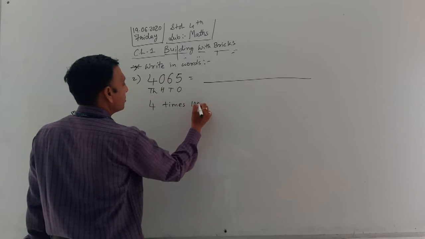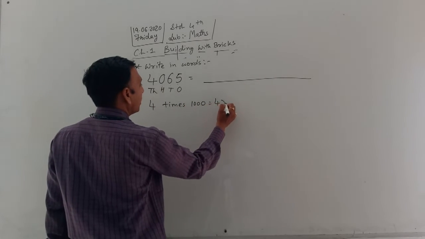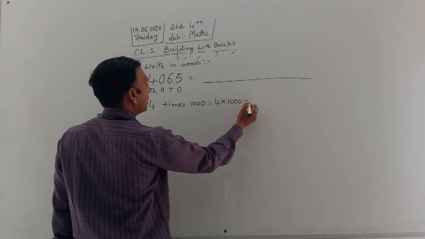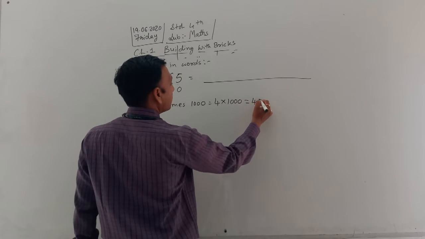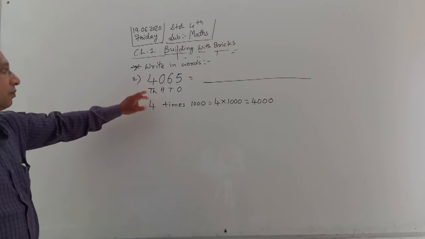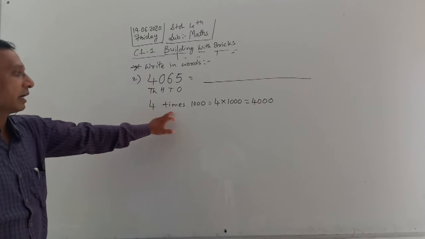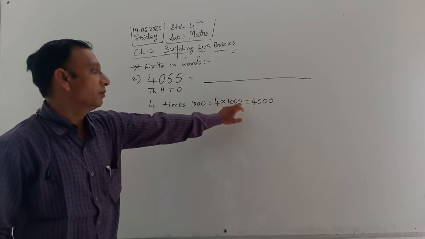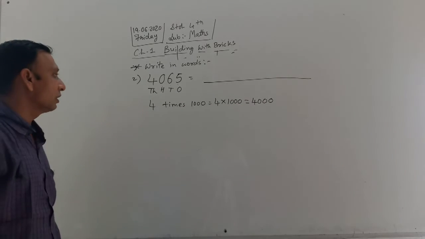So 4 times 1000, that is 4 into 1000, which is 4,000. Okay. 4 is at thousands place, so 4 times 1000 is equal to 4,000.